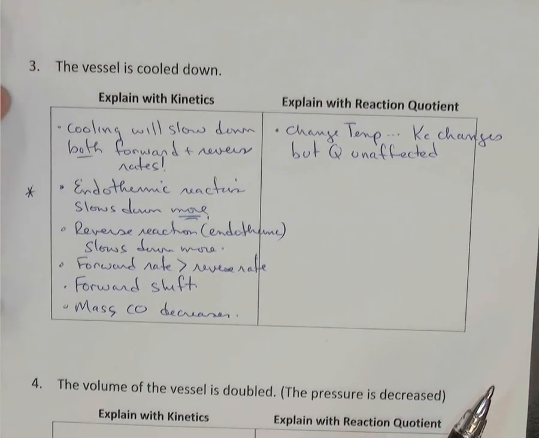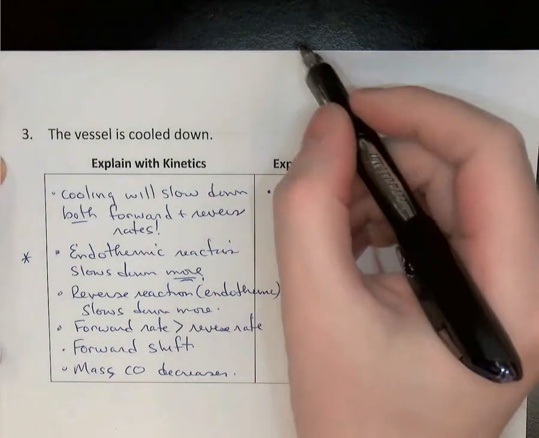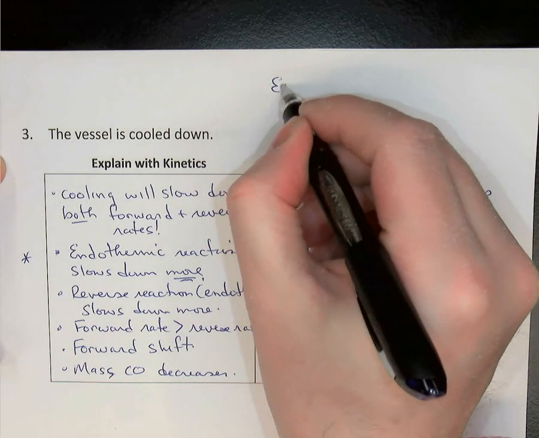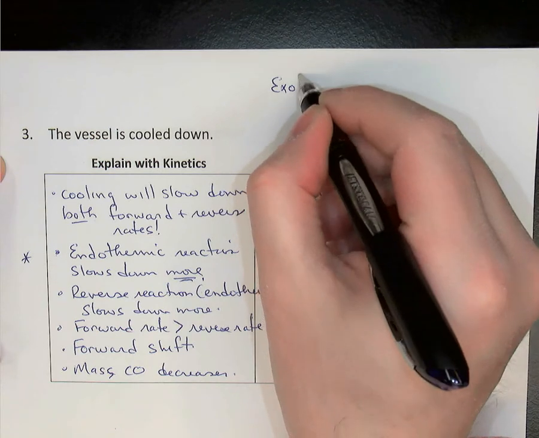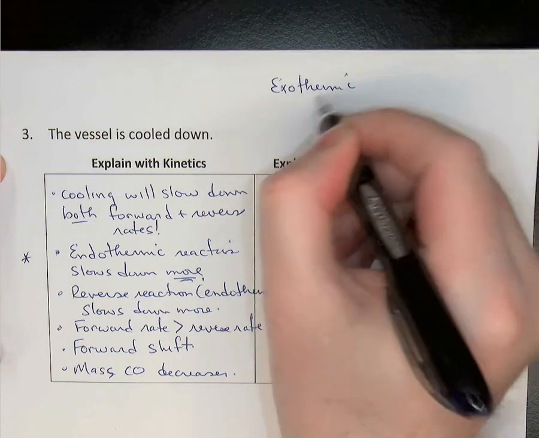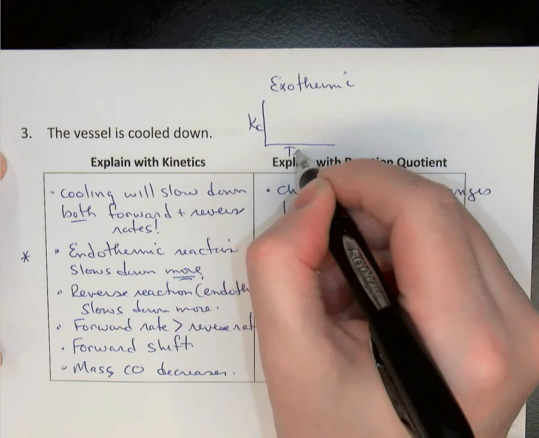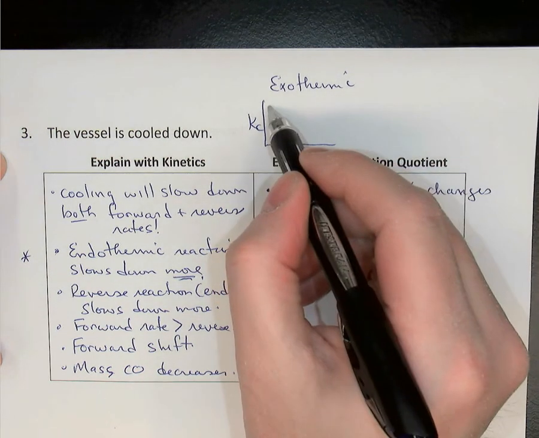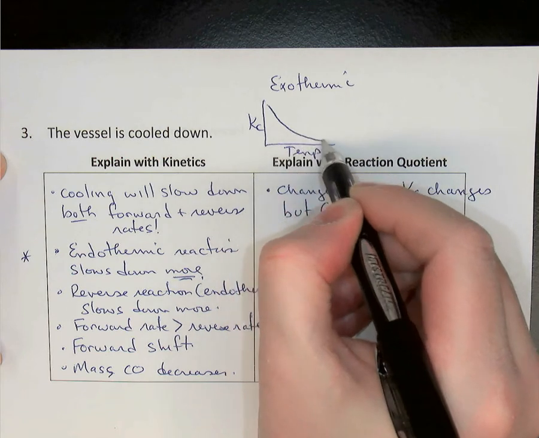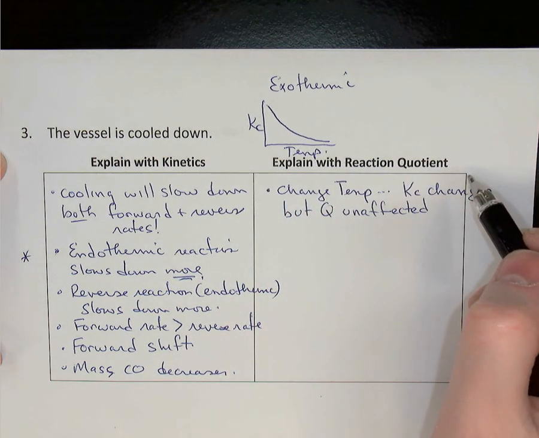So there are two possible situations, exothermic or endothermic, and I'm going to sketch this at the top here. And we've memorized these two situations. In an exothermic reaction, Kc versus temperature, Kc will get smaller at the higher temperatures.